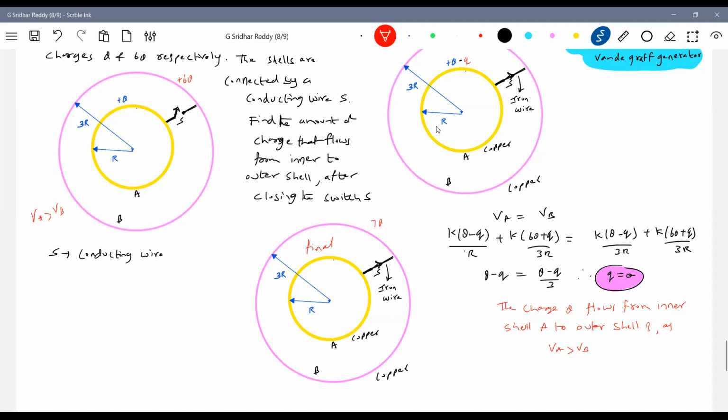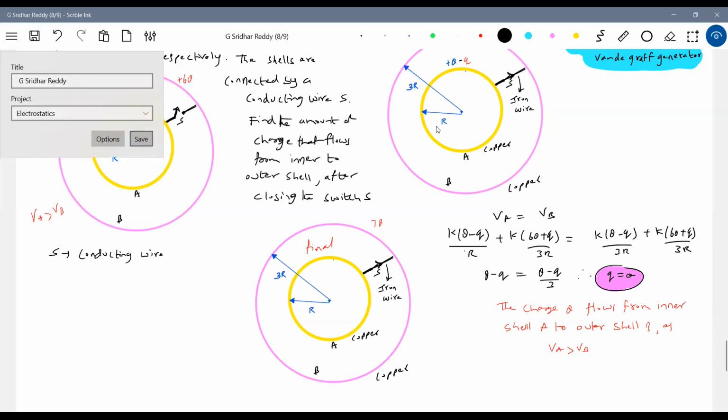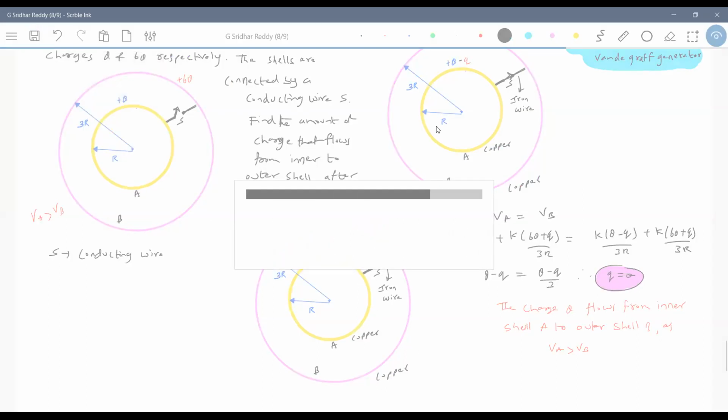Okay, next student, what happened instead of this? Let me keep minus q. What changes will come? Again, you're going to write minus q. Then we'll solve it. I agree with this. I'll change the data because we have to verify what conditions will arise for VA less than VB.